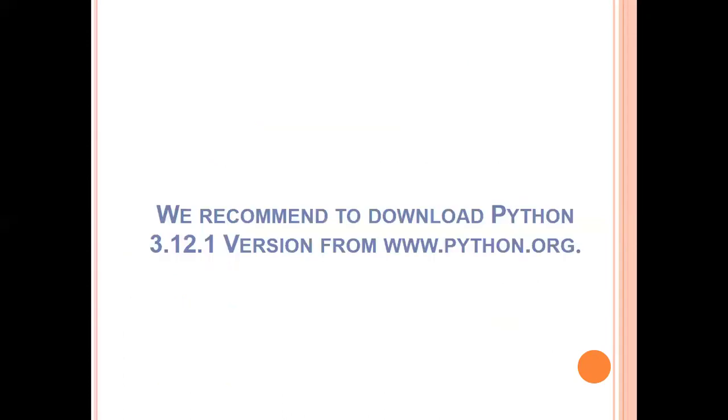We recommend you download Python, version 3.12, from the official website, www.python.org. Do you want me to tell you right now how to download it, the downloading process? Although I told you yesterday, do you want me to do it today as well? Please confirm in the chat box, students.